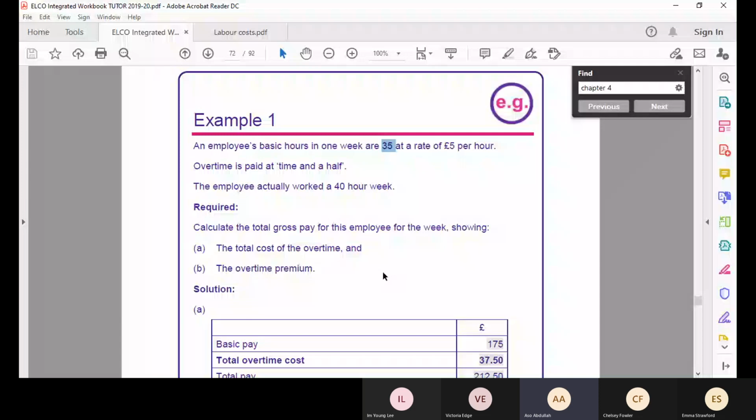Okay, so we have two options to calculate. We can calculate the basic hours separately, then the overtime separately.